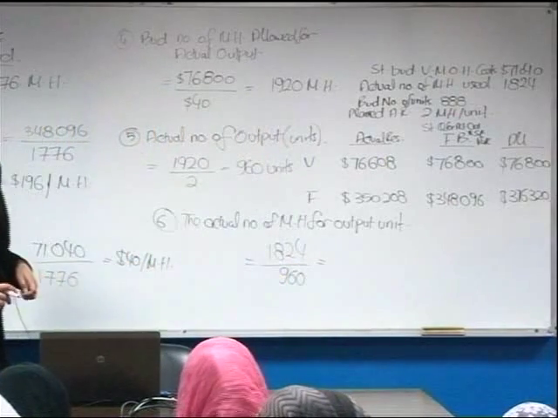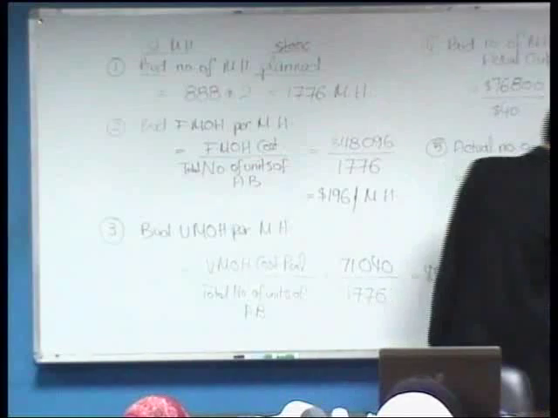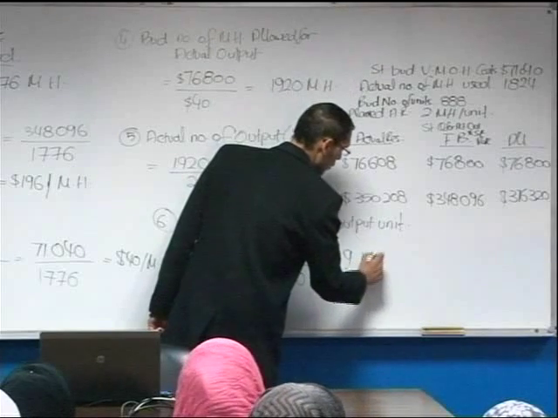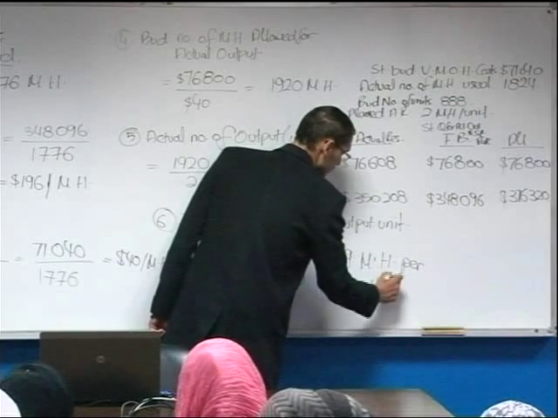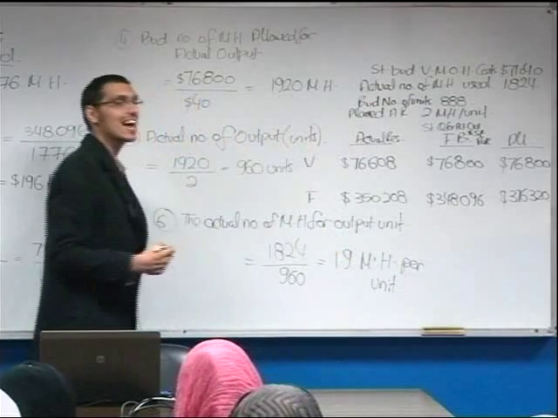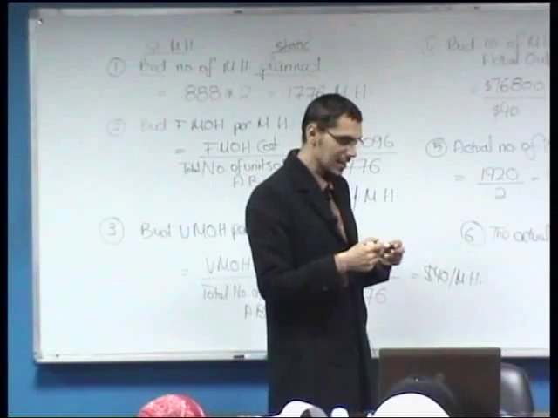Therefore, it would be 1.9 machine hours per unit. This, of course, is an actual amount, not a standard amount.